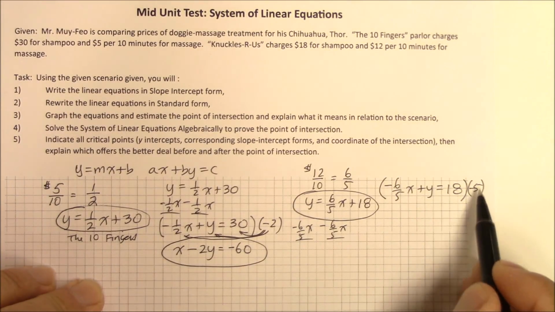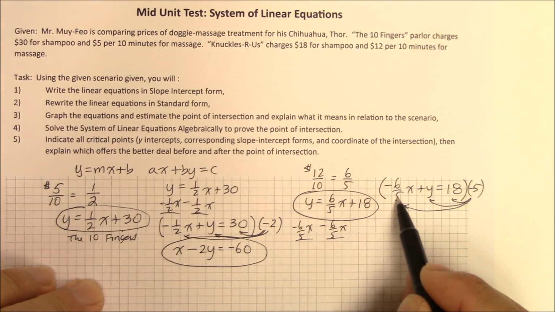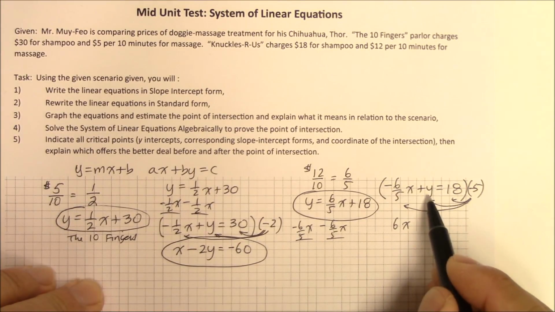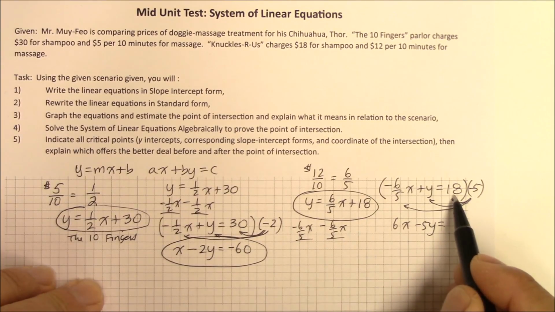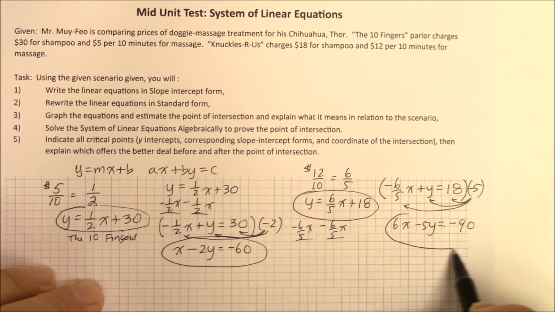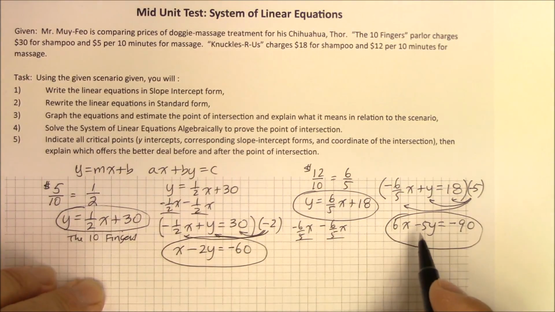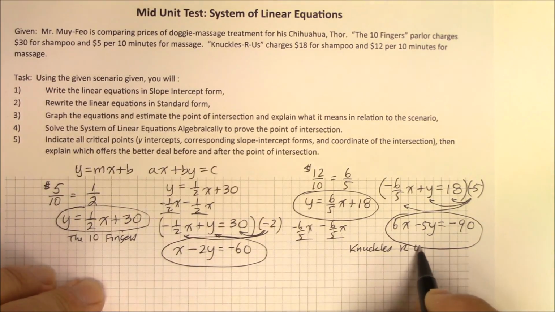So when you apply the distributive property to all three terms inside the parentheses, the 5 and the 5 reduce. Negative times negative 6 becomes positive 6x. Negative 5 times the second term y is negative 5y. And then negative 5 times 18, that's negative 90. So that's the standard form for this place called Knuckles R Us. All right.